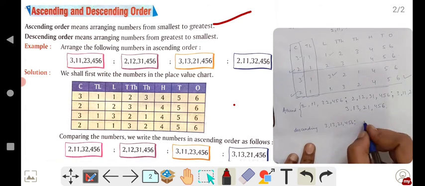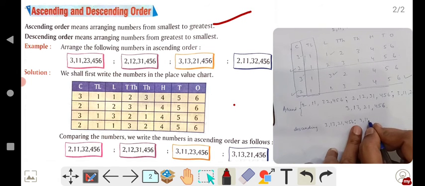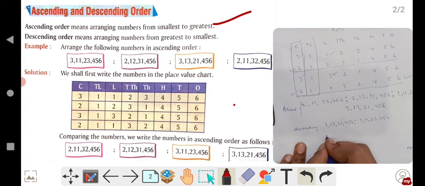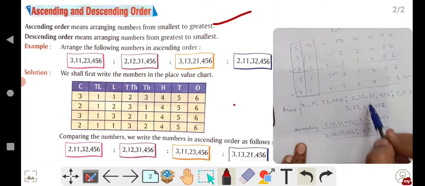Then next 3 crore 11 lakh 23,456. Then 2 crore 12 lakh 31,456. Then 2 crore 11 lakh 32,456. So this is the descending order and this one is the ascending order.